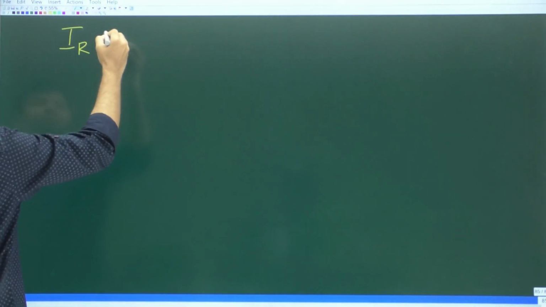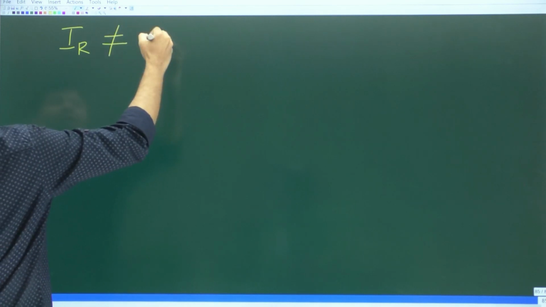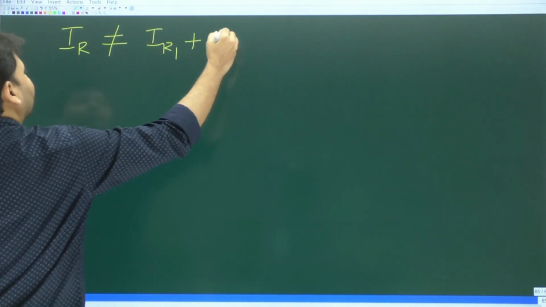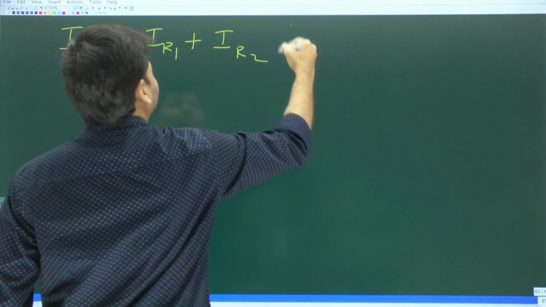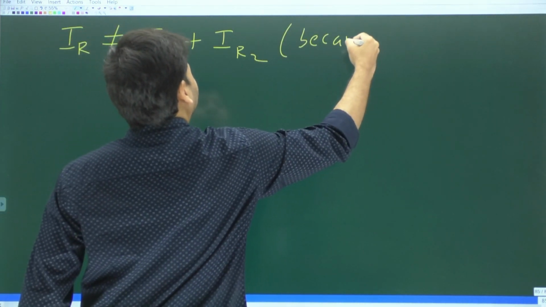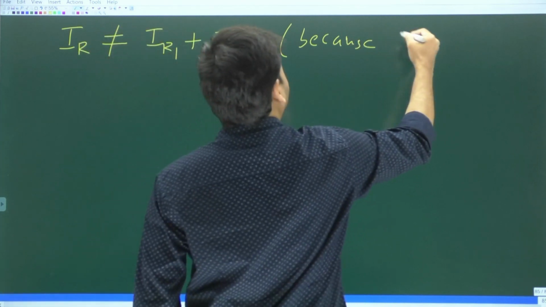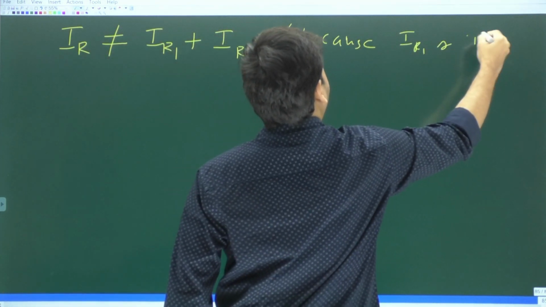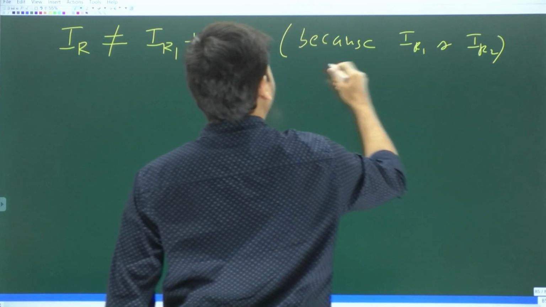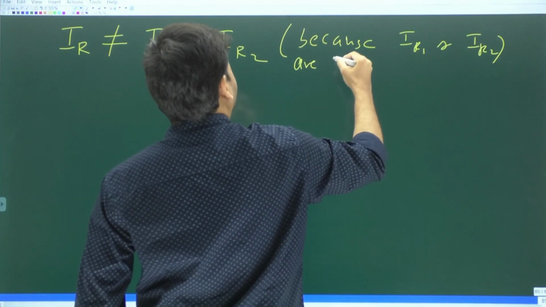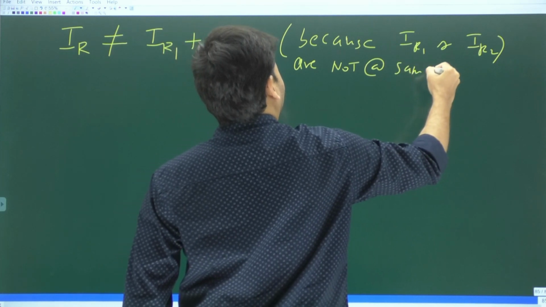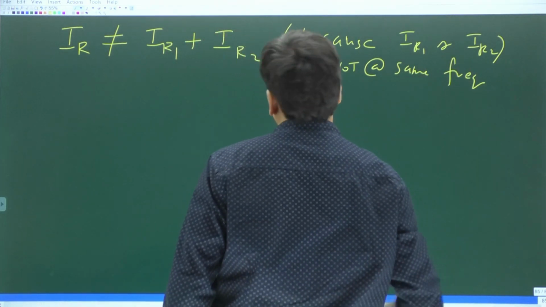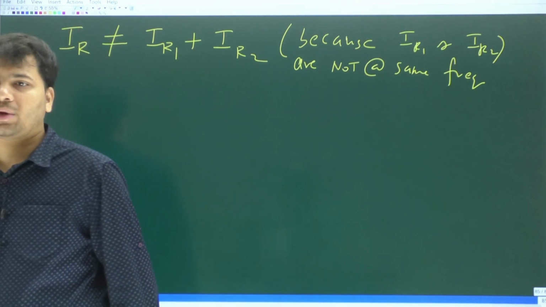Capital IR is not equal to IR1 plus IR2. The reason being that IR1 and IR2 are not at the same frequency. You cannot simply add the two phasors.